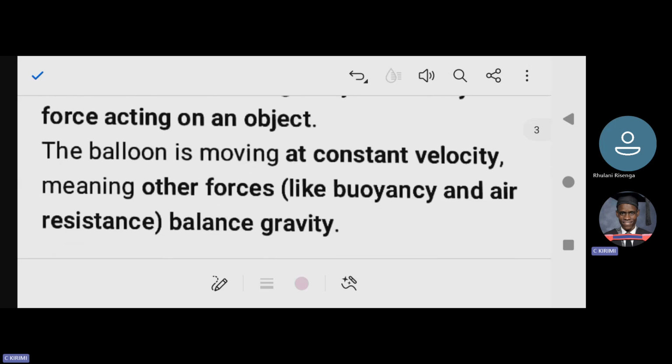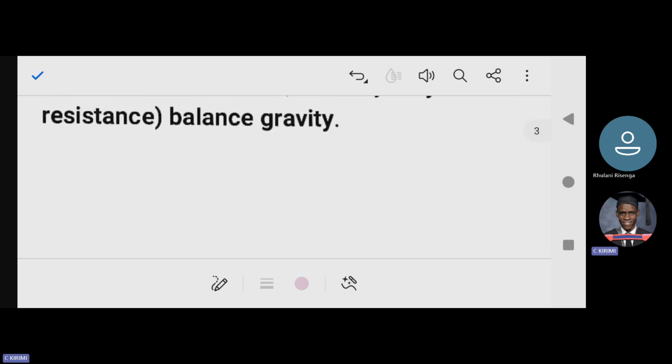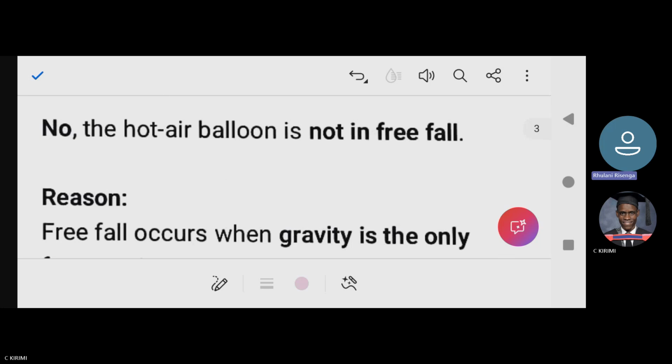The balloon is moving at a constant velocity, meaning other forces like buoyancy and air resistance balance gravity. They are also acting on the balloon, so it's not in free fall. Is it clear? Yes, so it was not in free fall.